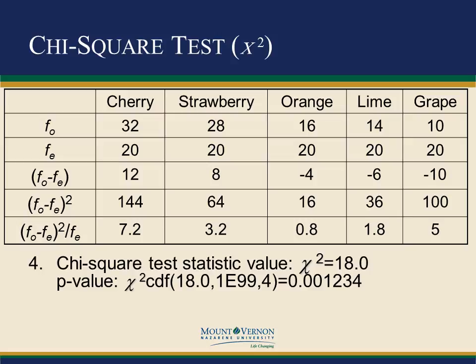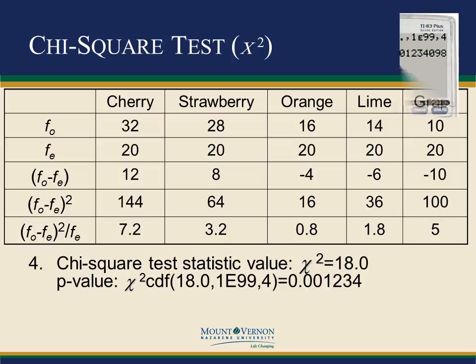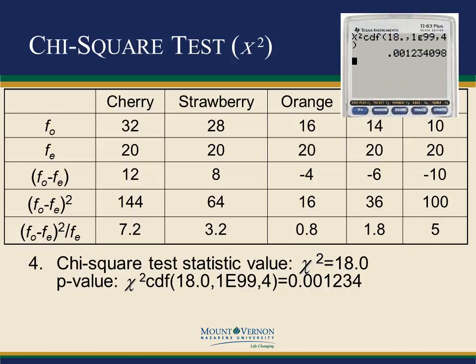Next, we're going to compute the chi-squared test statistic value, which is the sum of all of these. It's 7.2 plus 3.2 plus 0.8 plus 1.8 plus 5. All of that together makes 18. And then I compute the p-value. The probability is using my calculator, and here's what the screen looked like.